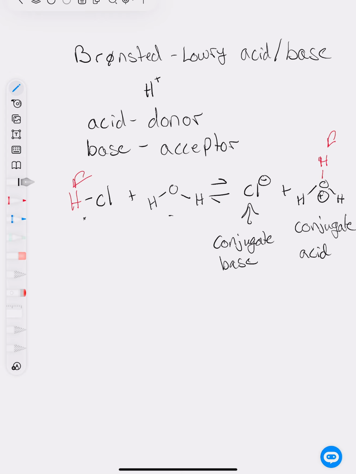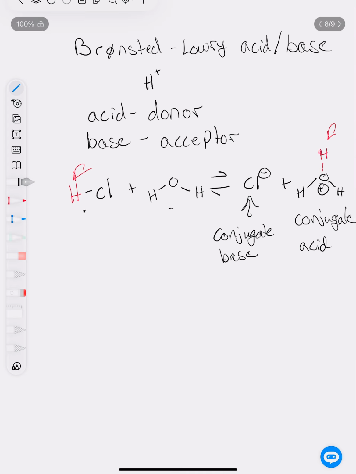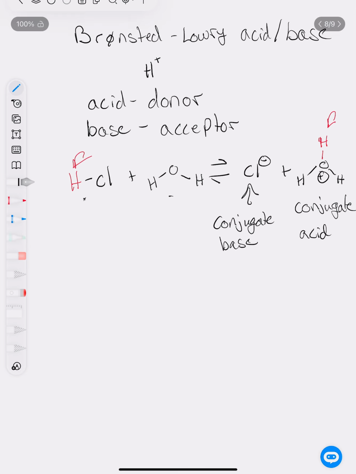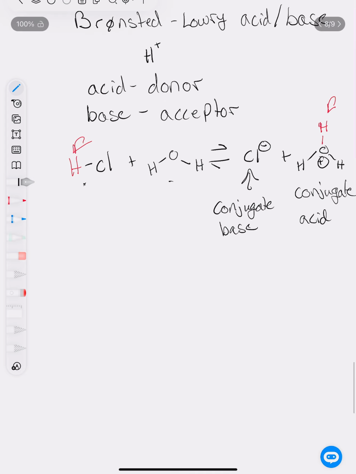Now, as we might know, all reactions are really accomplished through a flow of electrons, and this type of reaction is no exception. So now we're going to look at how to draw that type of reaction and that reaction mechanism.